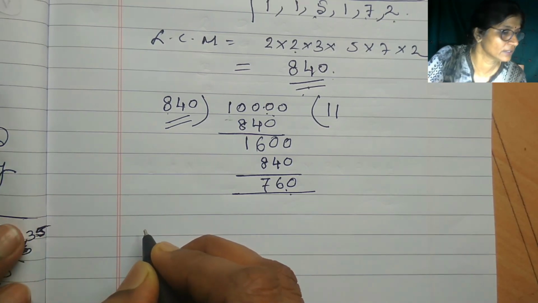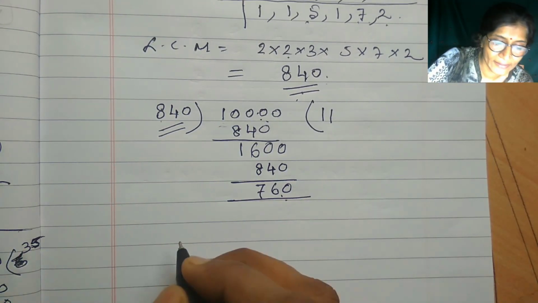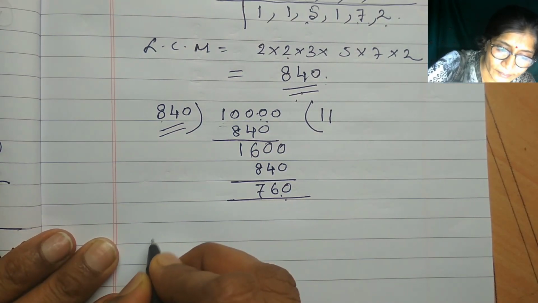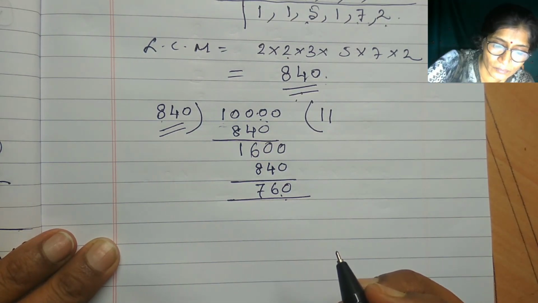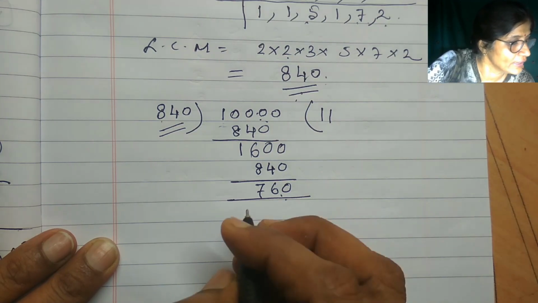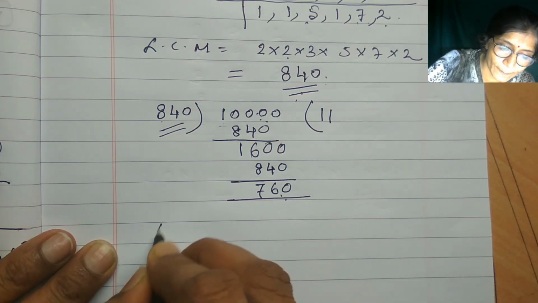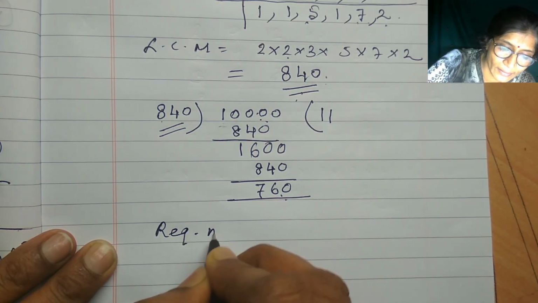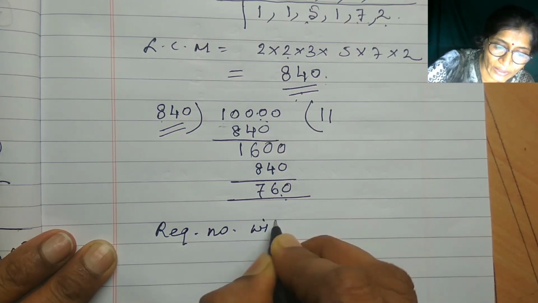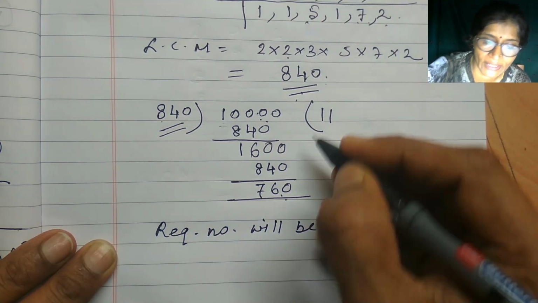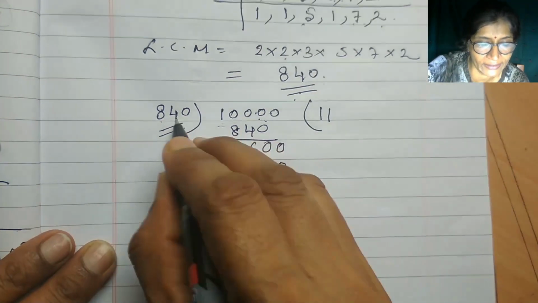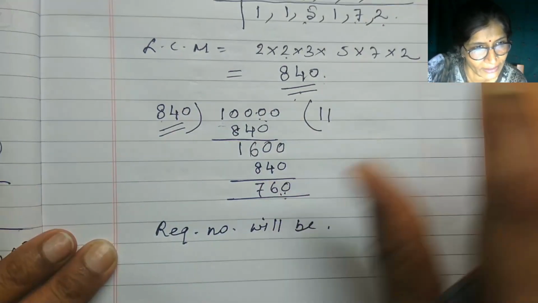So here your required number will be... actually I will subtract this and add this, then what will happen? That will be divisible.